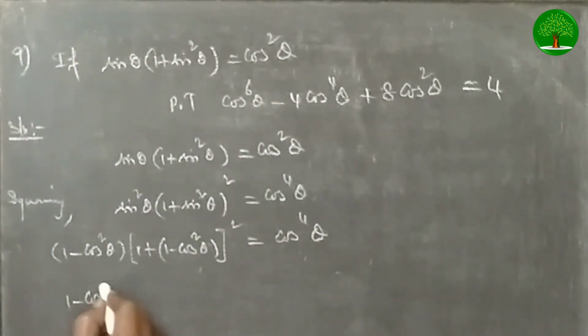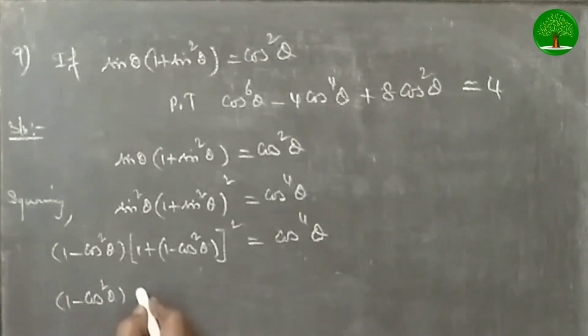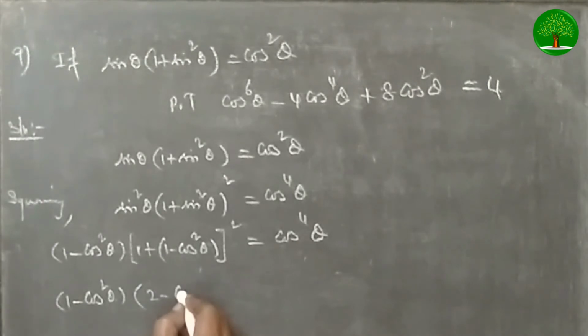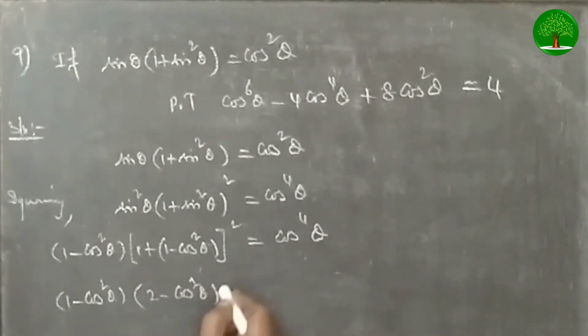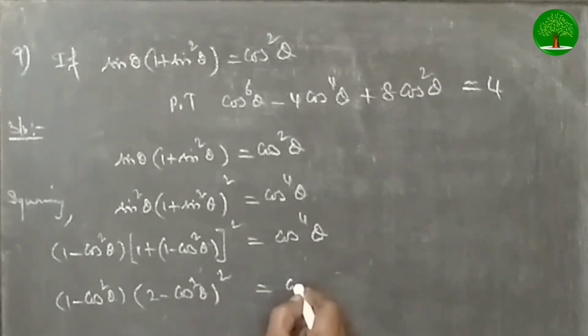That is (1 minus cos square theta) into (2 minus cos square theta) whole square is equal to cos to the power of 4 theta.